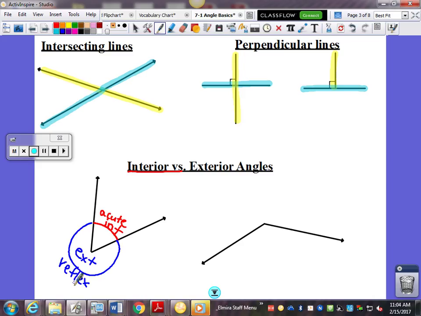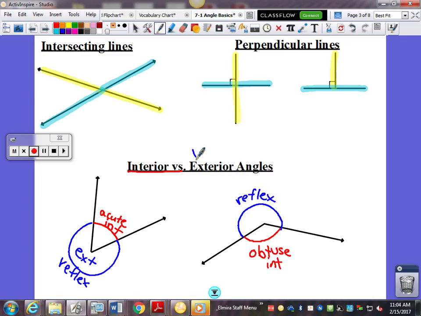Okay, so let's go over to the second picture. If I draw an arc on the inside, an interior, that's obtuse because we're talking about the interior angle. If I say exterior, then I'm going on the outside and we're considering that a reflex angle.